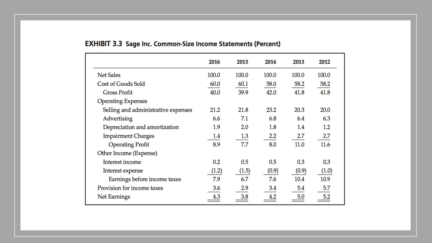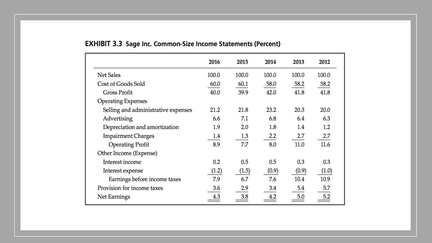So in the case with operating profit as a percentage of net sales has dropped from 11.6% to 8.9%. So something has gone up. And so the things that have gone up is you've had some increase in the cost of goods sold, and you've had some increase in some of the operating expenses. And so you had your selling and administration expenses went from 20% to 21.2%. So they've gone up a little bit.